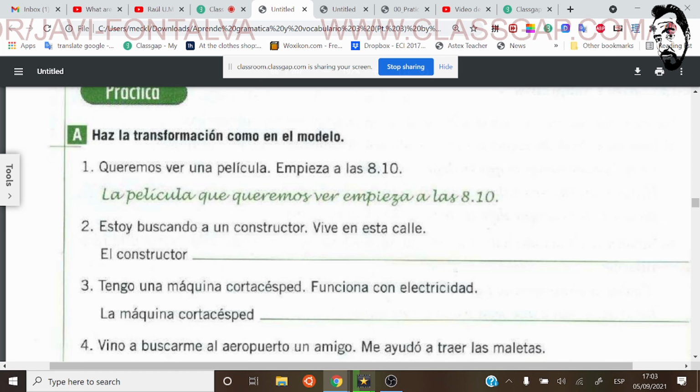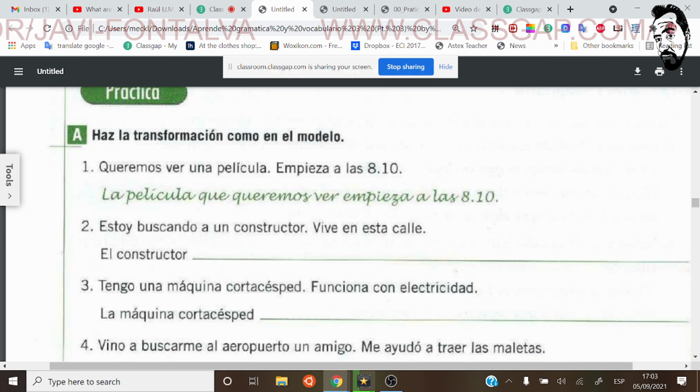So, el constructor que estoy buscando vive en esta calle. There you go.